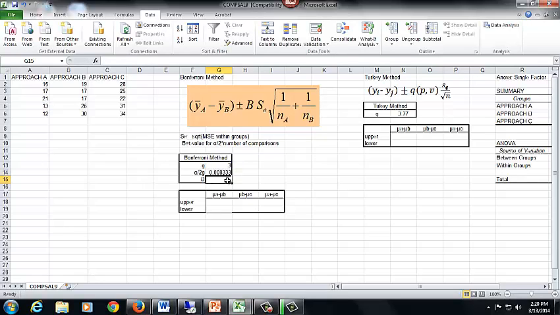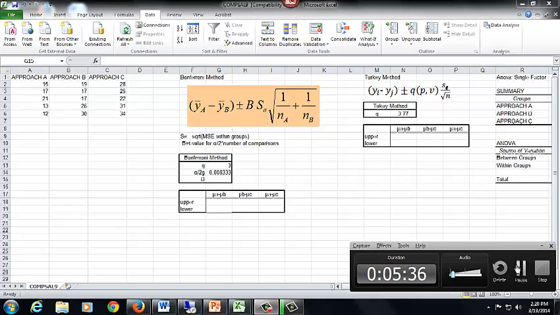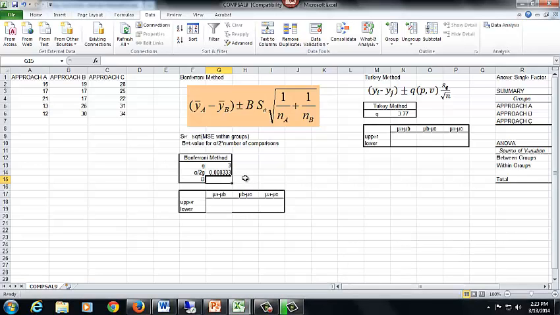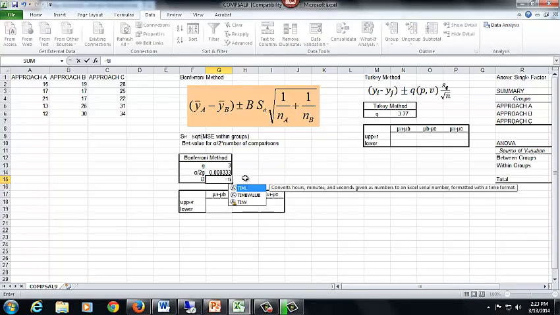That gives me a value. Then B is the T value for alpha over 2 times the number of comparisons, where G is my number of comparisons. B is going to be found using the T inverse.